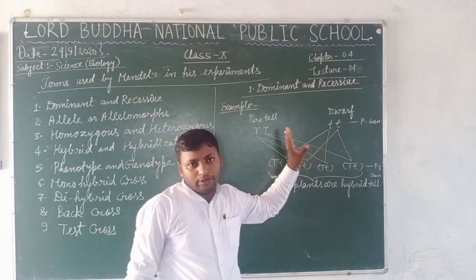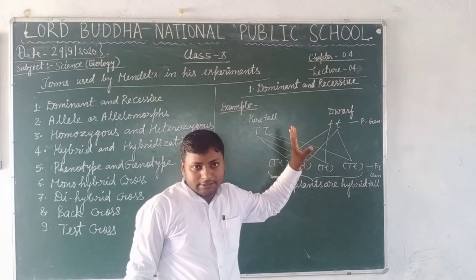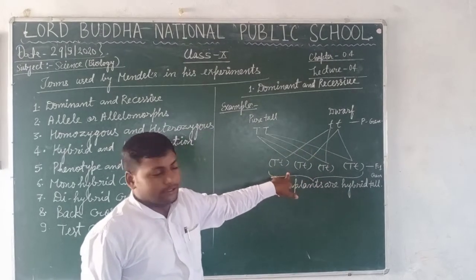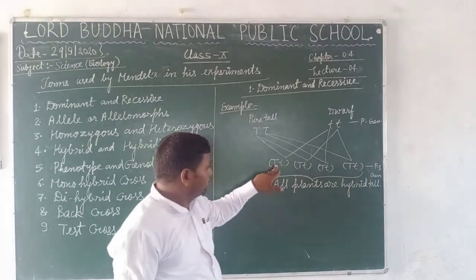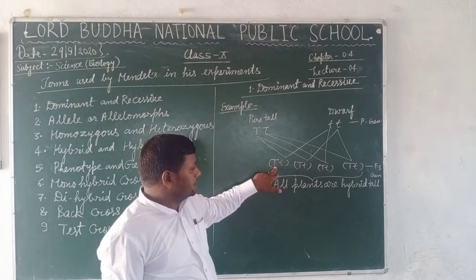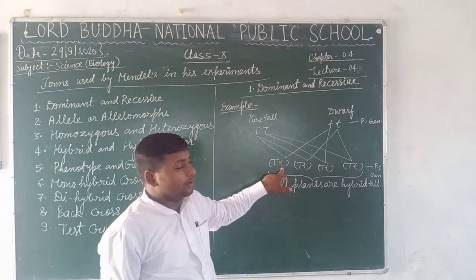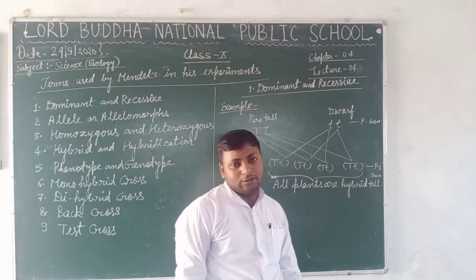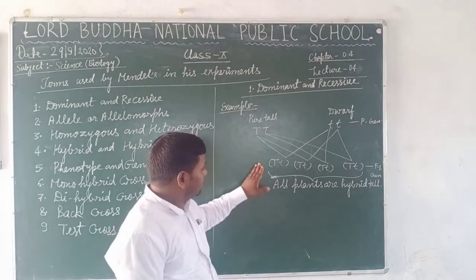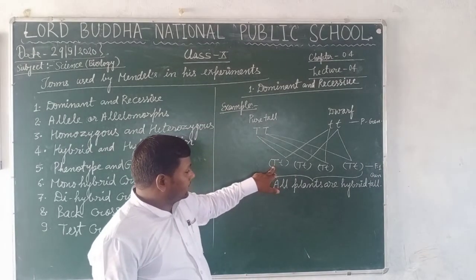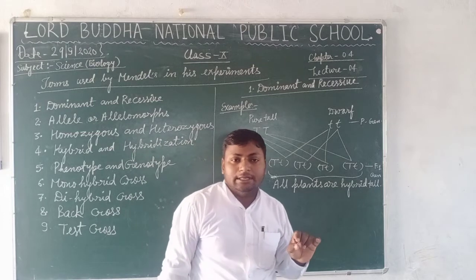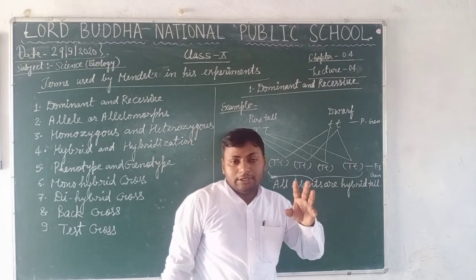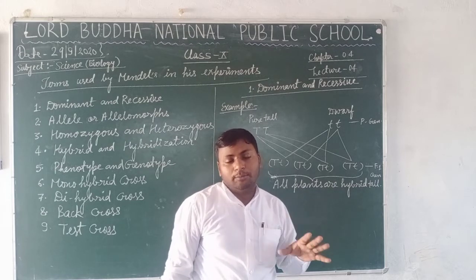If we study the genotype of an individual plant of the F1 generation, we find that one of the genes is responsible for the dominant trait and another is responsible for the recessive trait. But students, the dominant trait always physically comes in appearance. This is called dominance, or Mendel's law of dominance.